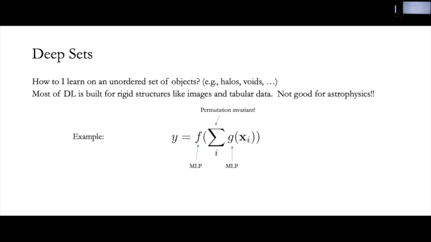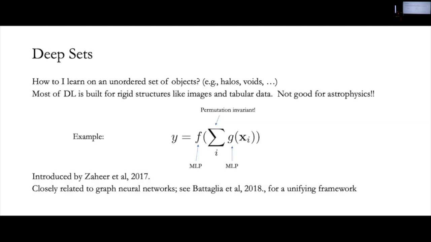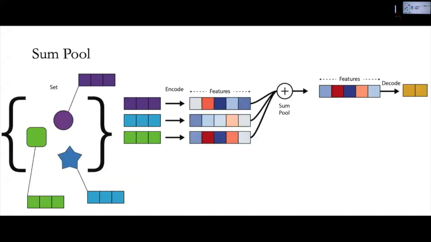This is a simple example of a deep set introduced by this paper, and Battaglia et al. generalized it into a unifying framework. The reason we like this is it's really good for cosmology because you have these sets of objects like galaxies, halos, voids. So it really suits that data structure.